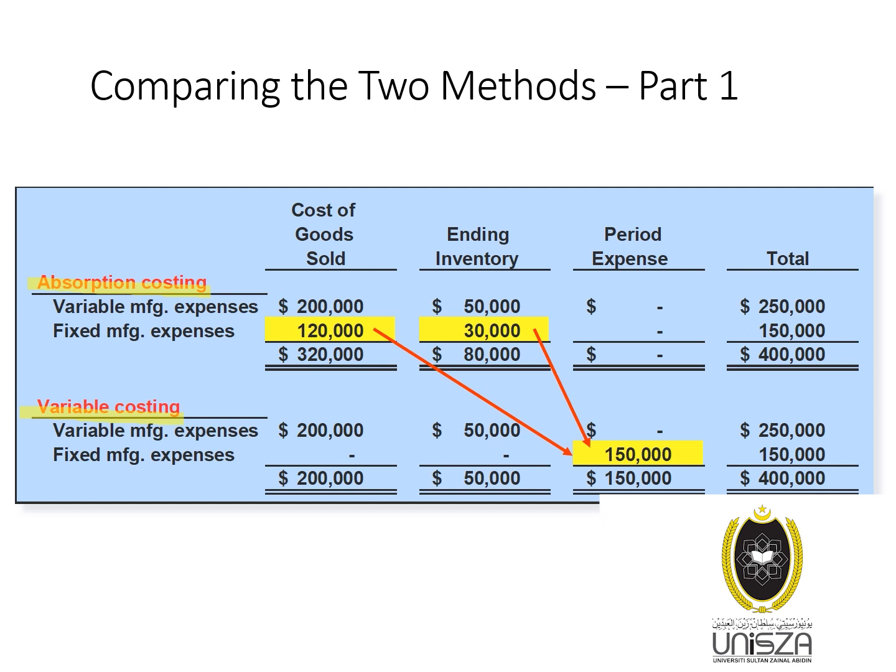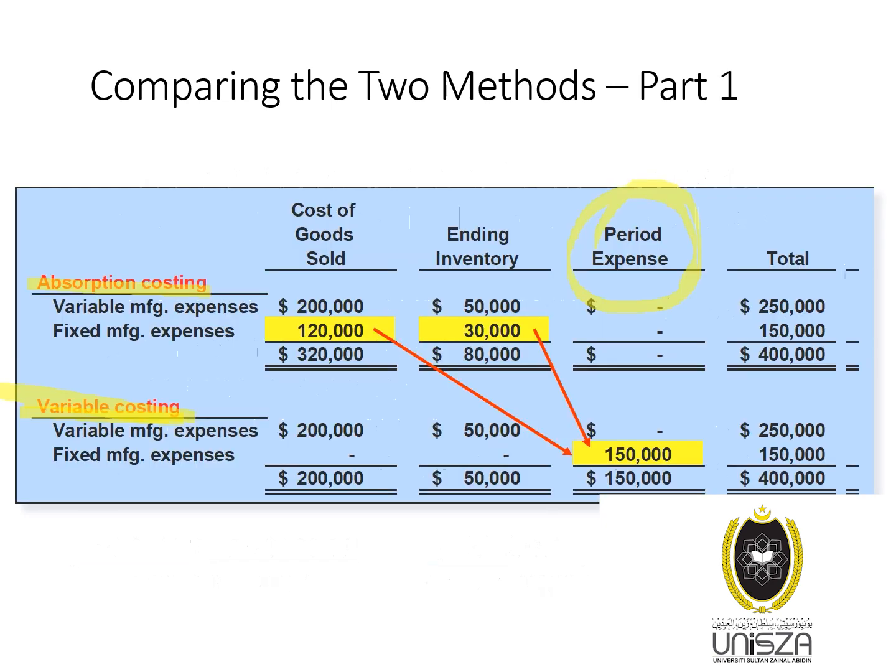And under variable costing, the variable manufacturing overhead expenses are 200,000, and the ending inventory is 50,000. So 120,000 plus 30,000, it will be the same here, 120,000 reported under variable costing, which is presented under period cost, 450,000.